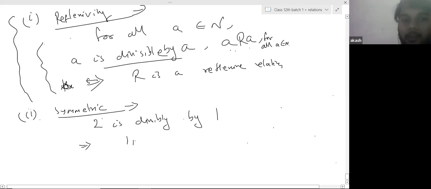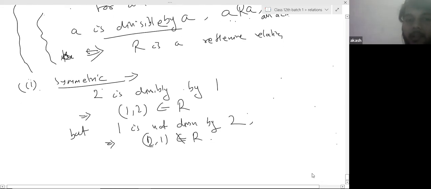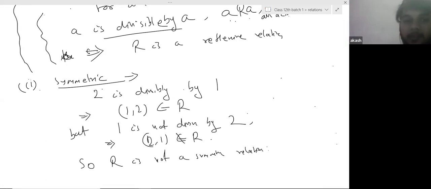This implies that (1, 2) belongs to R, but 1 is not divisible by 2. This implies that (2, 1) does not belong to R. So R is not a symmetric relation. Is this clear, everyone?